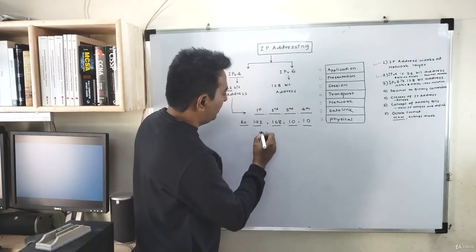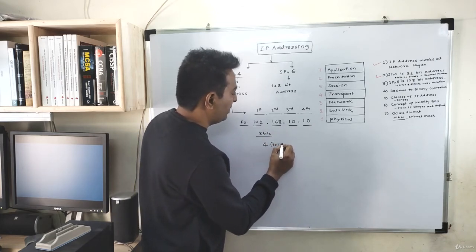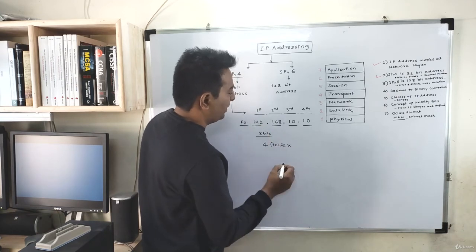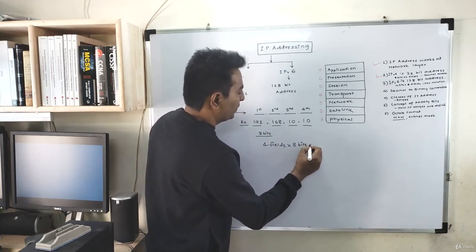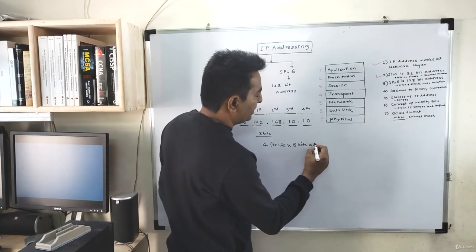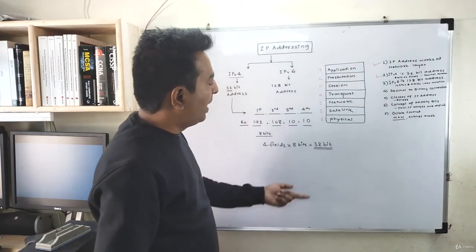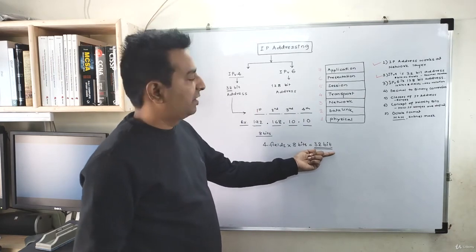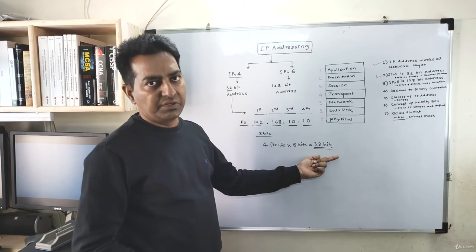There are 4 fields in the IP address, and each field has 8 bits. If you multiply 4 fields by 8 bits, it comes to 32. That's the reason why we call an IPv4 address a 32-bit address.